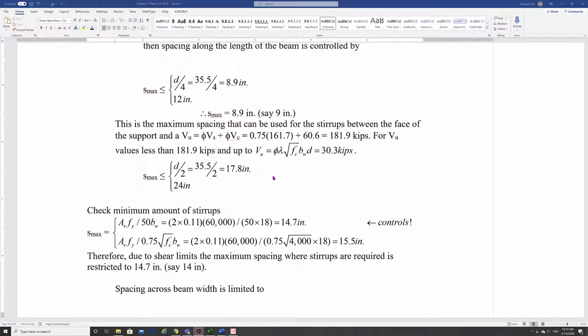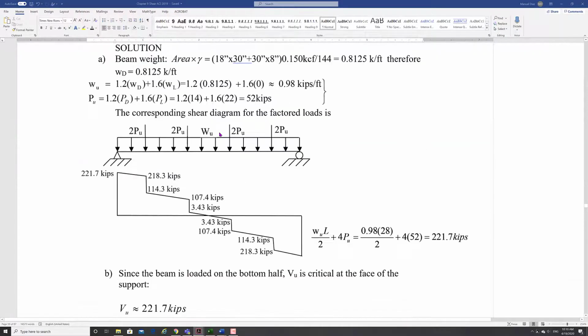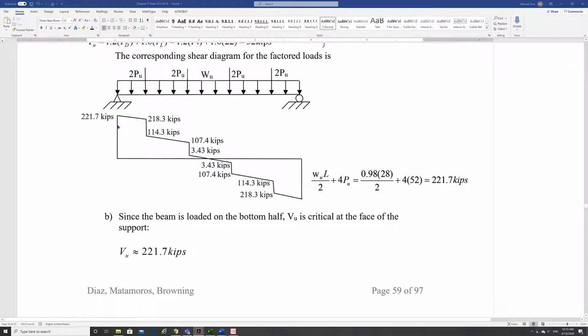So if we change to number 4s, now what happened? With number 4s, here you round down, it will be 8 inches. Or if you feel comfortable, you do 9, right? And then from here to here, now 17 controls. From here to the center, you only need AV minimum.